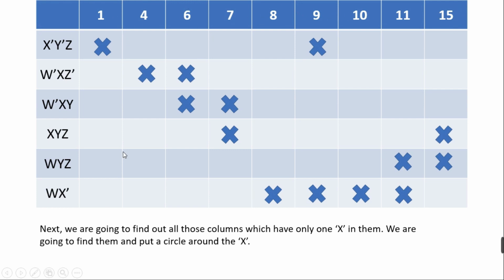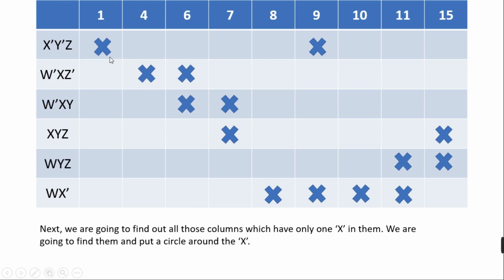We're trying to find those columns which have only one X, and put a circle around that X. You can see that these circled X's are the places where there is only one X in that specific column.